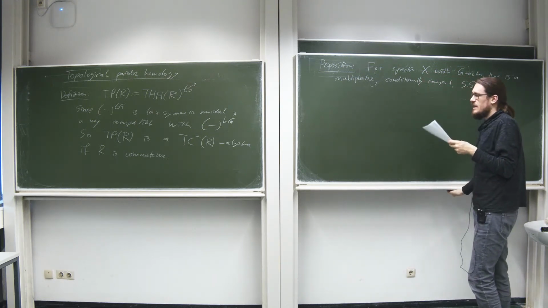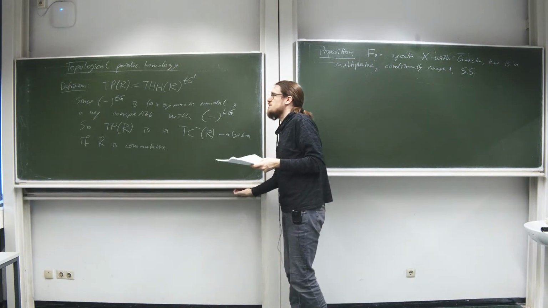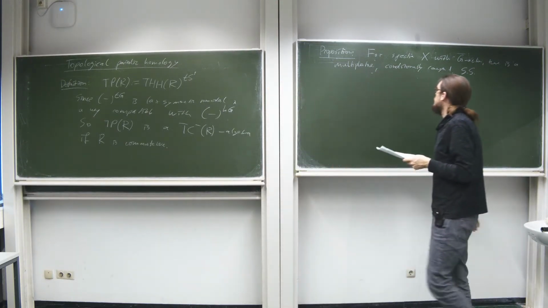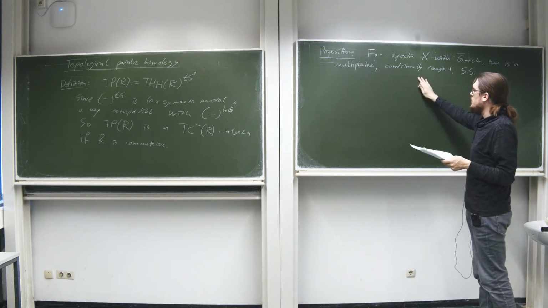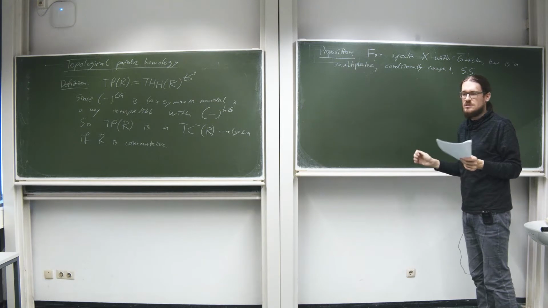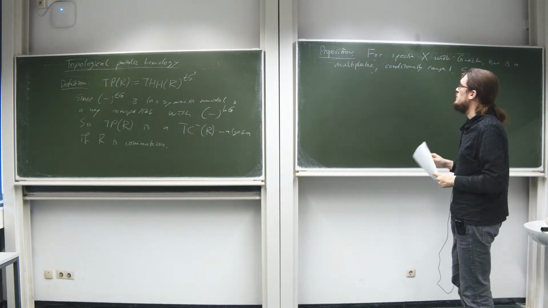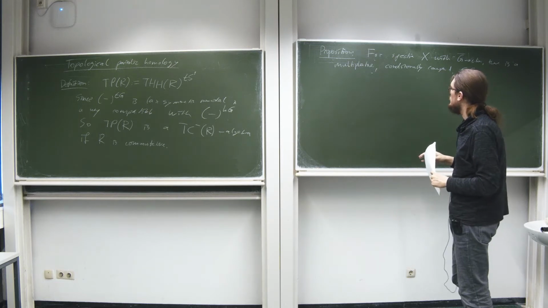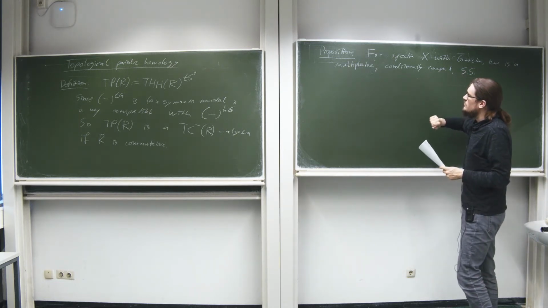And again, like in the negative topological cyclic homology video, it's not too important to understand what conditionally convergent means. It leads to some subtleties when it comes to deciding whether the spectral sequence actually converges. But just ignore that.